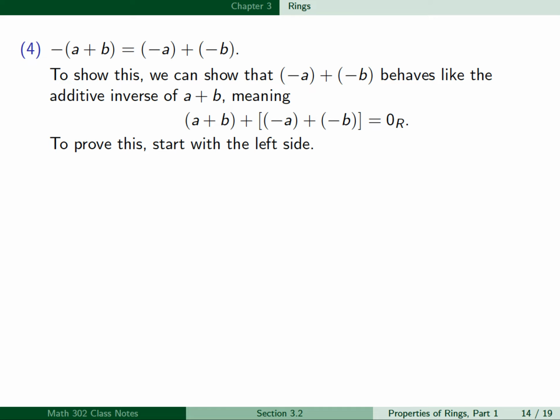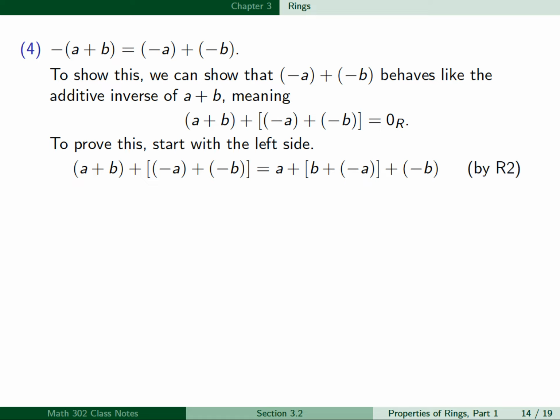So to prove this, we'll start with the left side. So a plus b plus the quantity minus a plus minus b will be equal to a plus the quantity b plus the quantity minus a plus minus b. What we've done there is just rearrange parentheses, using the associative law of addition, which is axiom R2.